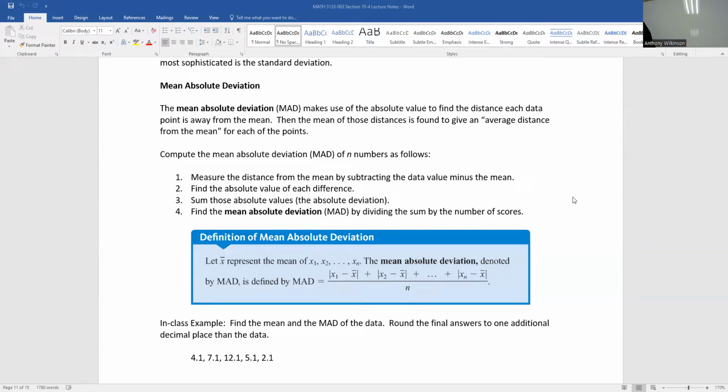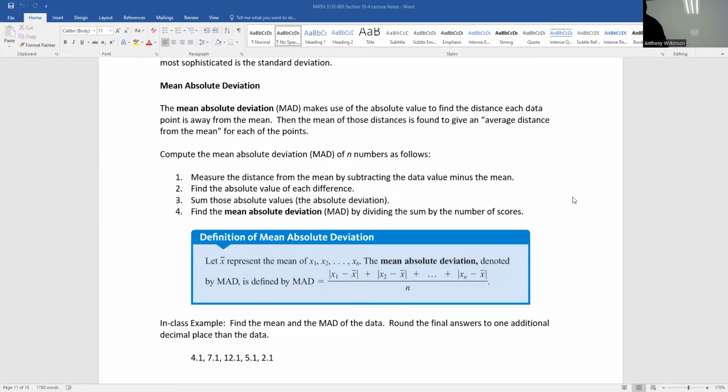That means you have to take the average of all the numbers in the data set before you can subtract. Second, you find the absolute value of each difference. Keep in mind that the absolute value is always a positive number, never negative, because absolute value represents the distance a number is from 0 on the number line. Then you add up those absolute values, which is called the absolute deviation.